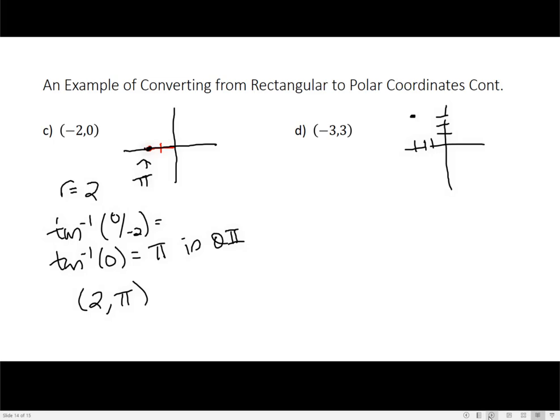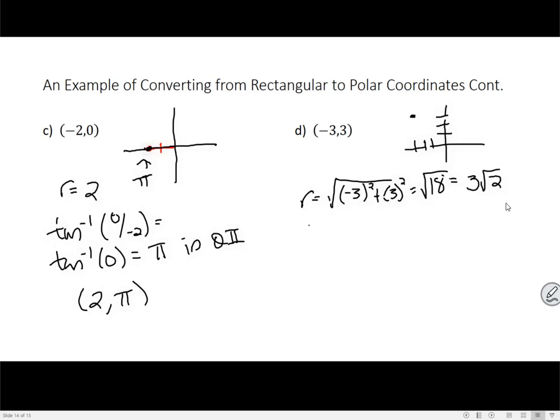So I need to first find r, which is the square root of -3 squared plus 3 squared, which is the square root of 18, which simplifies to 3 root 2. So that is r. Now we need to use our inverse tangent so we can find theta.